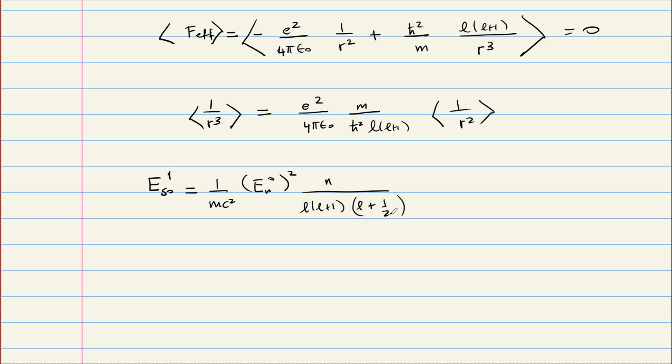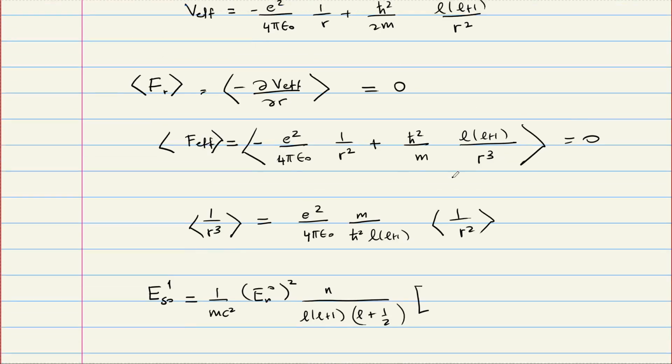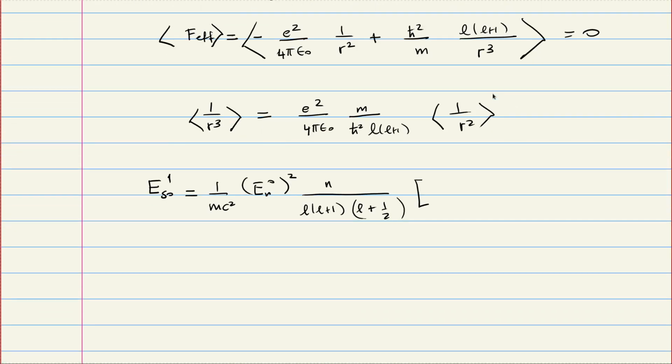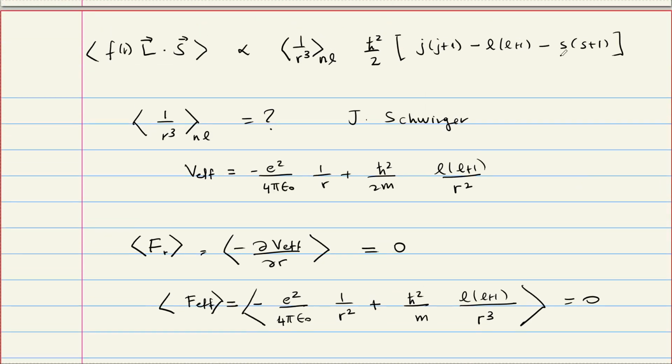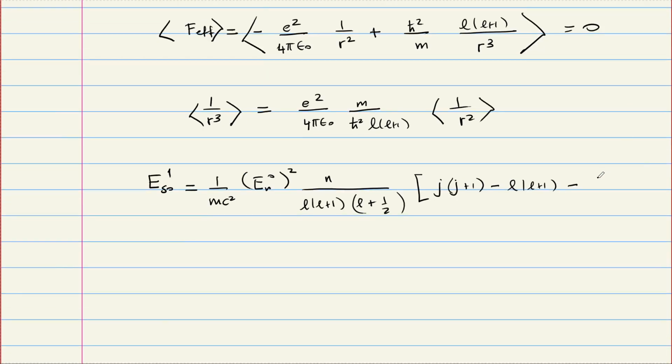This is the l plus 1/2 coming from the calculation of 1 over r squared using the Feynman-Hellmann theorem. And the second piece is j plus 1 minus l plus 1. And for this piece, spin is just 1/2, so this piece is 1 over 2 times 1 plus 1 over 2, which is 3 over 2, which is 3 over 4. So this is minus 3 over 4.